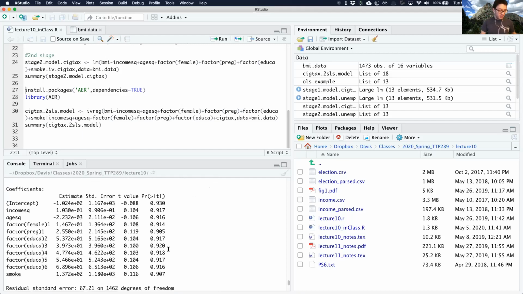So that wraps up discussion about thinking about causal relationships and how to measure that and doing it in practice with instrumental variables. The most common way is to do this two-stage least squares thing.